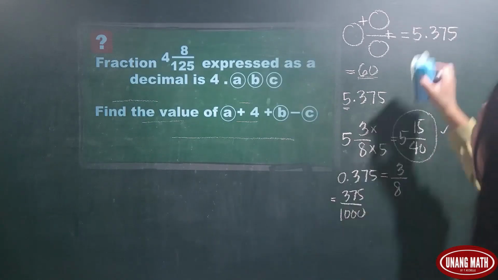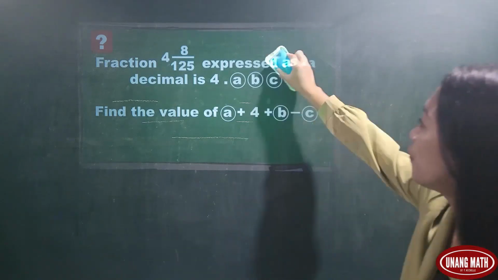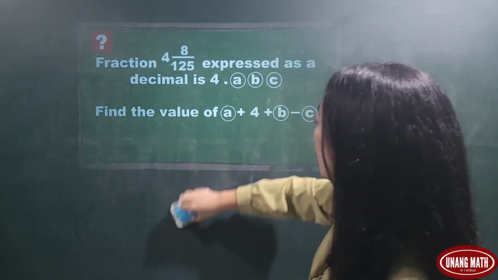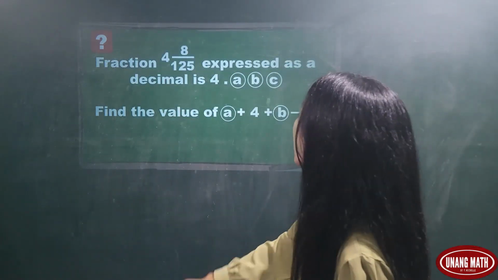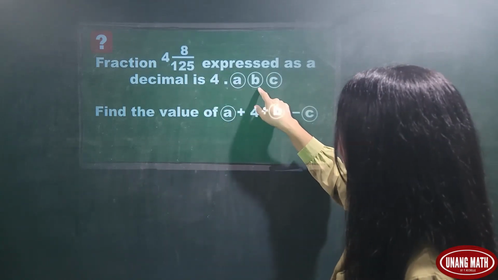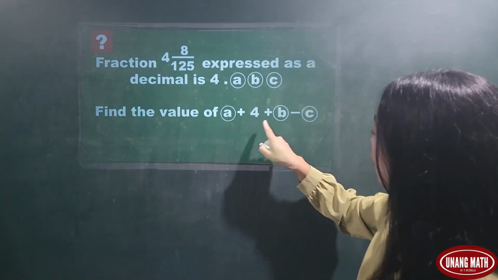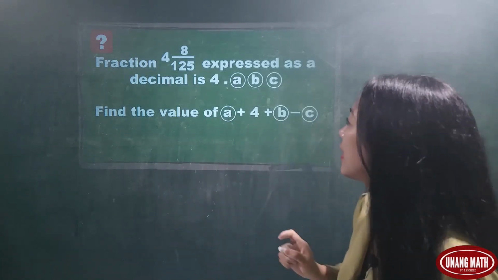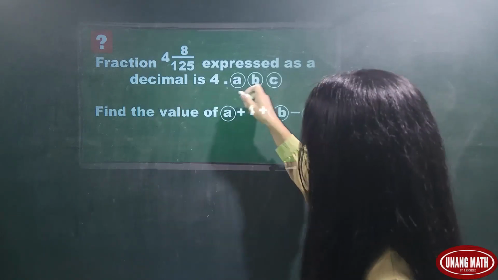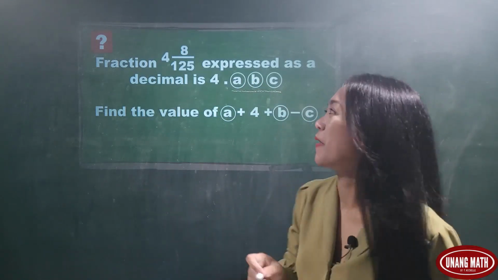Okay, next problem. Ang sabi dito is fraction 4 and 8/125 expressed as a decimal is 4 point blank blank blank. Okay, find the value of A plus 4 plus B minus C. So, ang decimal number na ito is a 3-digit decimal number.